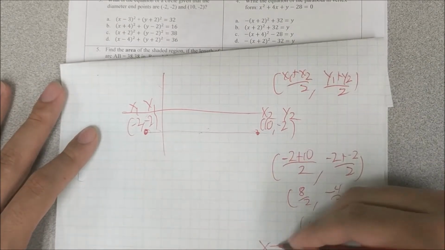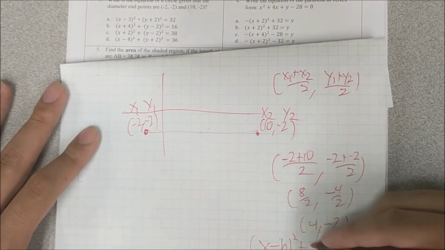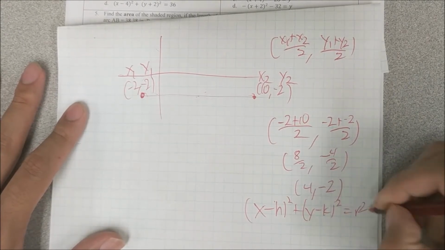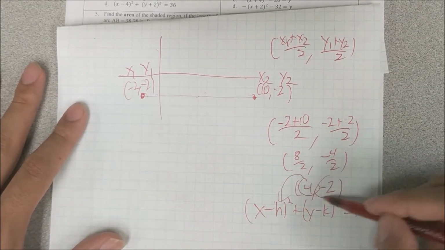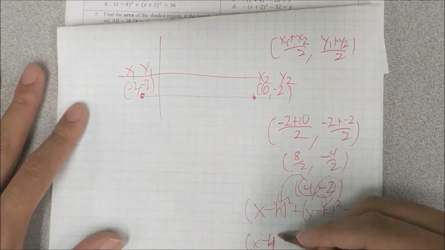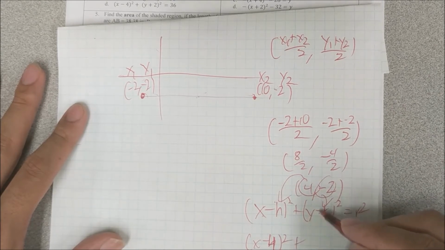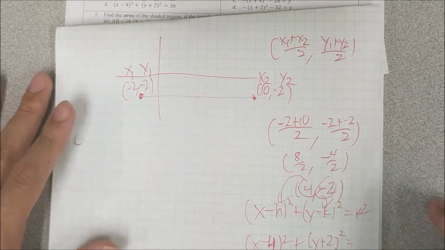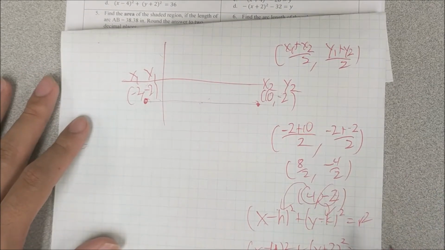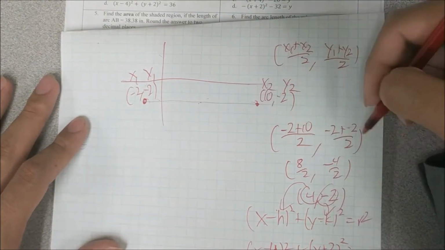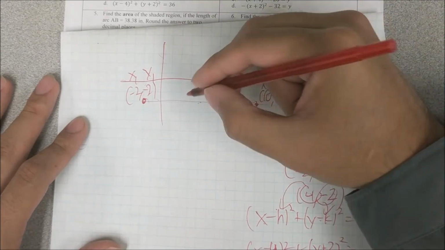But because this is standard form of a circle, I need to substitute these values in. So x minus 4 squared. But then over here, y minus negative 2 becomes y plus 2 squared. All right, and then to find the radius, well, I already know that the center is at 4, negative 2.